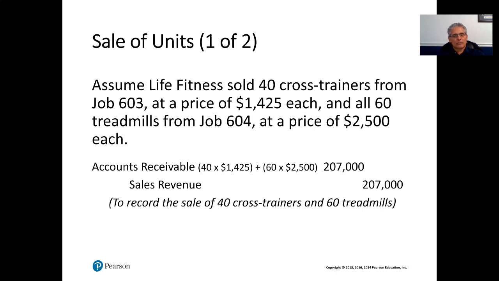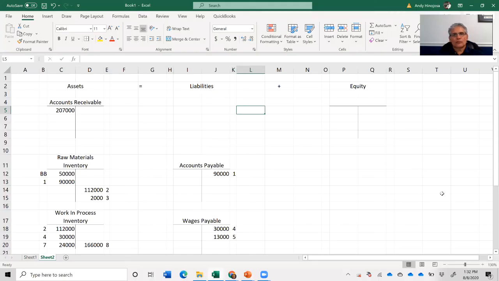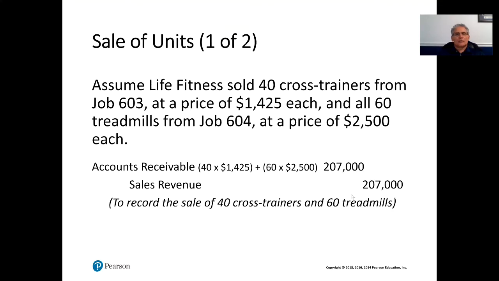The credit, the corresponding credit, is sales revenue. So that's under equity. We're going to put sales revenue. So that records the actual sale of the units.